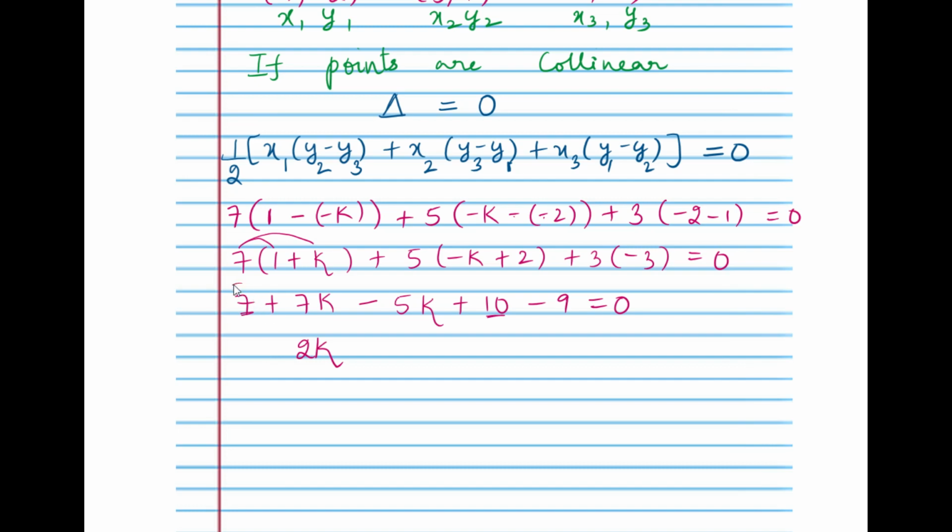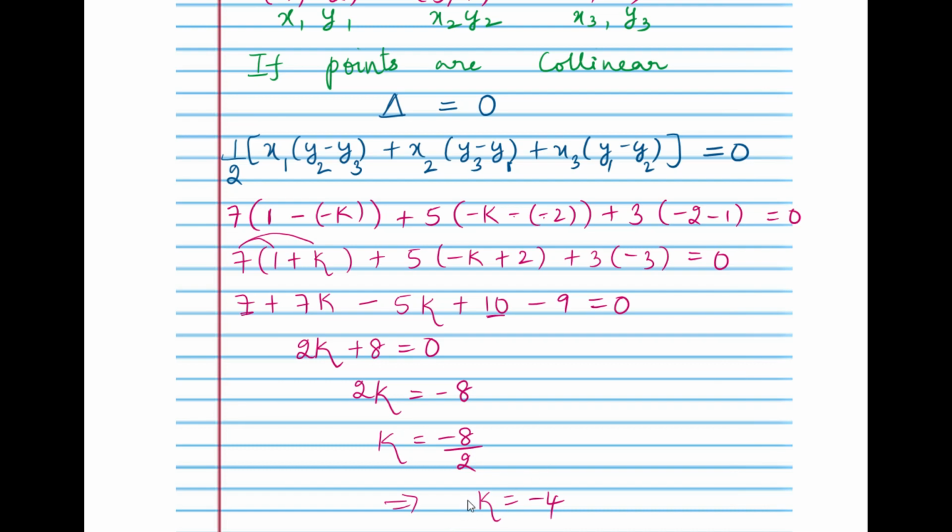I'll repeat. 7 plus 10 is 17, 17 minus 9 is, we get plus 8 equals 0. Now 2k, shift plus 8 to RHS, it becomes minus 8. Therefore k equals minus 8 divided by 2. Therefore we get k as minus 8 divided by 2 is minus 4.